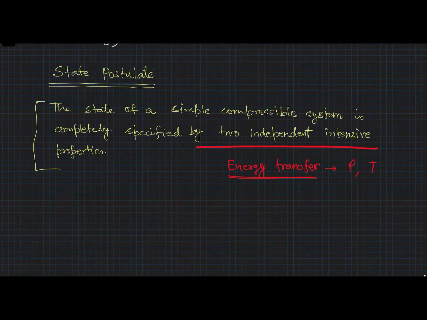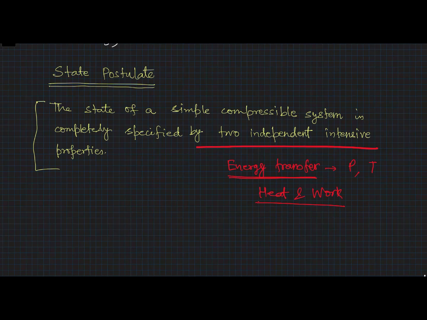One is heat and another is work, and that's why we only need two independent intensive properties, and we will see it in coming lectures. I will remind you again why we can only change the energy of the system by either heat or work.